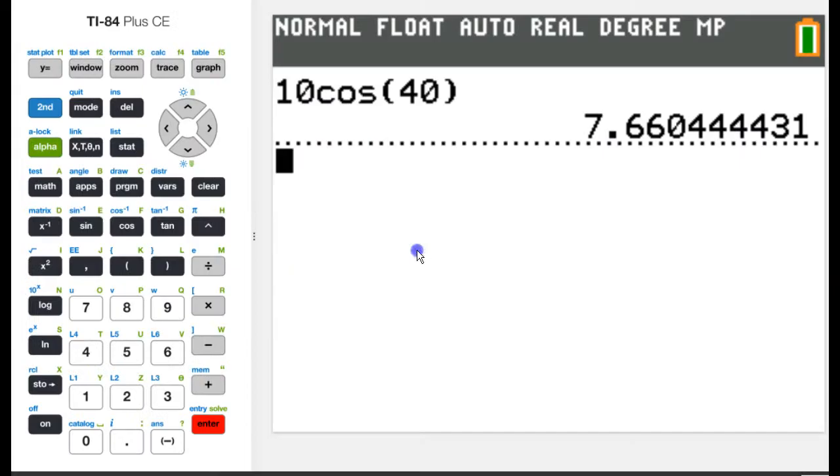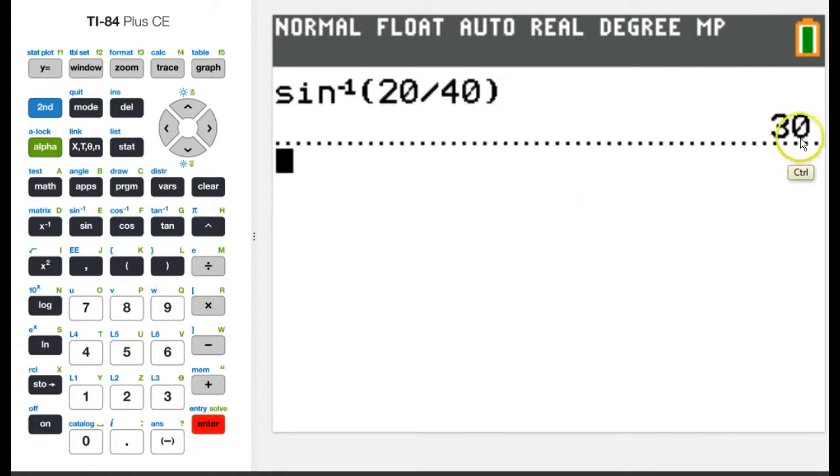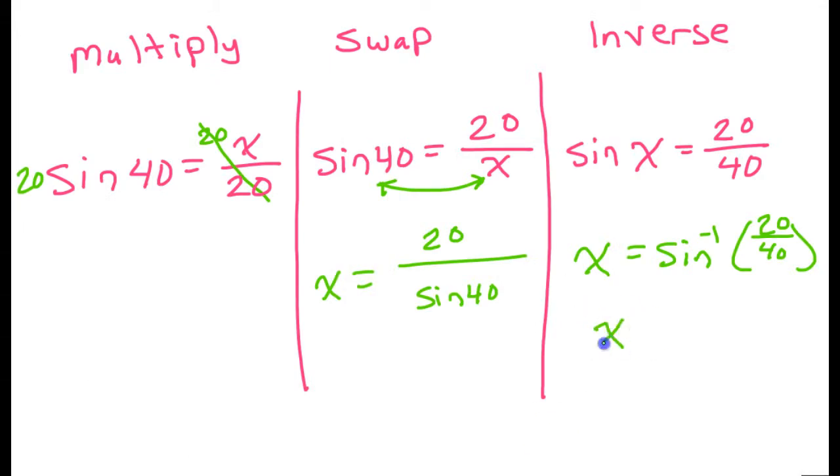The way you would put that in your calculator is by doing second sine of 20 divided by 40. Which in this case happens to turn out to be 30 degrees. So x would equal 30 degrees.